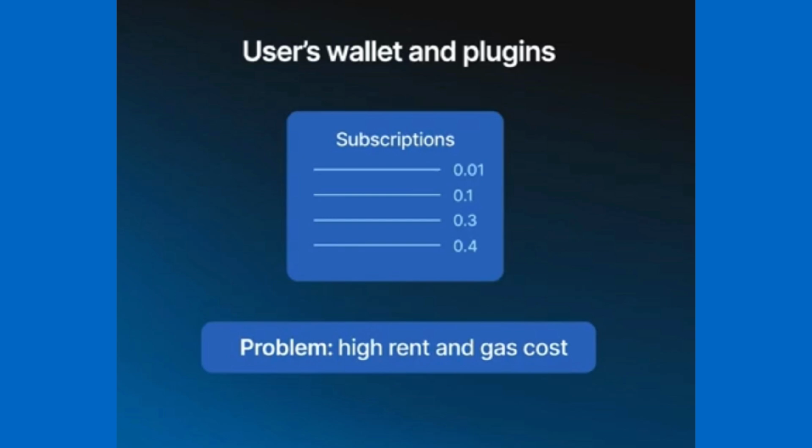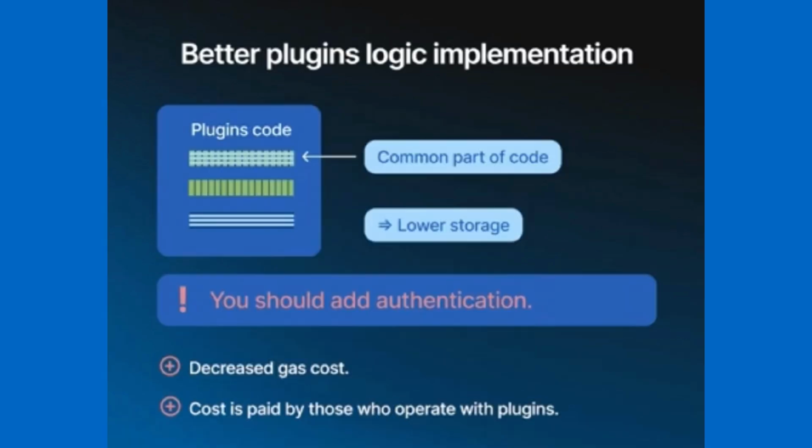One idea is that instead of listing particular plugin addresses, you could list distinct code implementations of those plugins. And if they share the same code, there would be just one record for any number of subscription plugins that you have. So for instance, if you're extending your wallet functionality with 2 sorts of plugins, then you will have 2 pieces of code with any number of plugins that actually use those pieces of code.